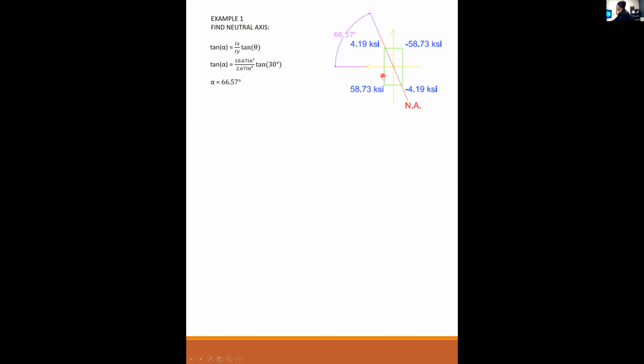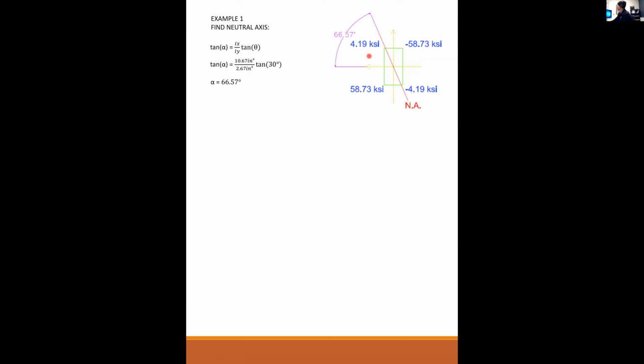Anywhere that's not on that line will have some stress more or less than 0. Only along this line are your stresses exactly 0, and this line is aligned at 66.57 degrees from the positive x-axis.